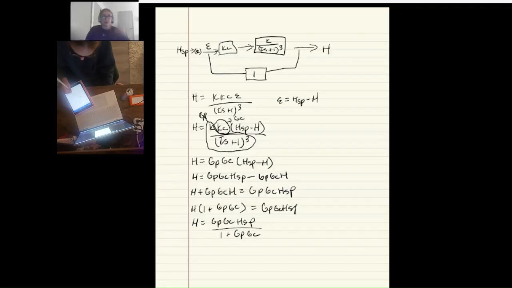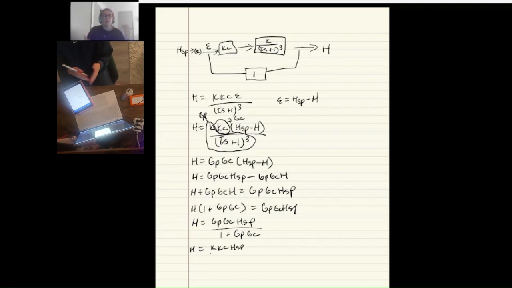Right? So now we can plug back in our functions for Gc and Gp. The first term is going to be K Kc times the height set point.